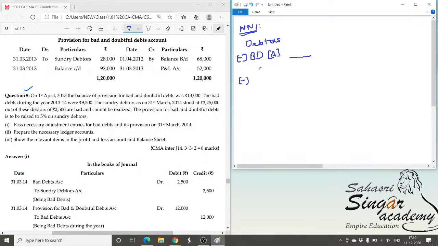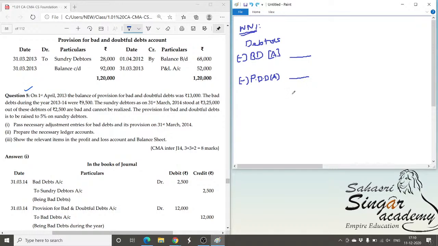A portion or a percentage on this will be created as provision for doubtful debts. So this is the provision for doubtful debts required to be created and maintained for meeting the bad debt in the coming year. Usually it is given in the adjustment. After that, whatever the balance is will appear in the balance sheet. This is the first part.